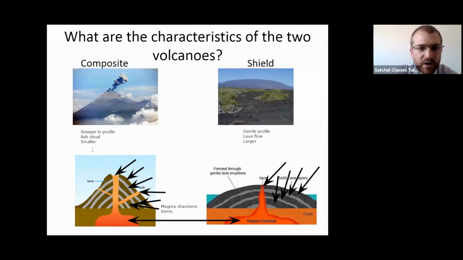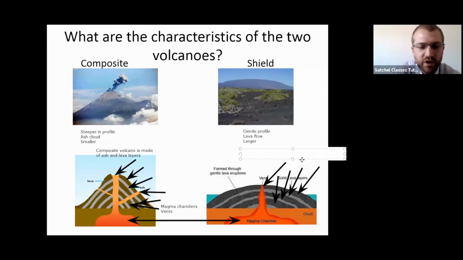So we'll make a quick note of this. A composite volcano is made of ash and lava layers. So that is an important point for the composites.